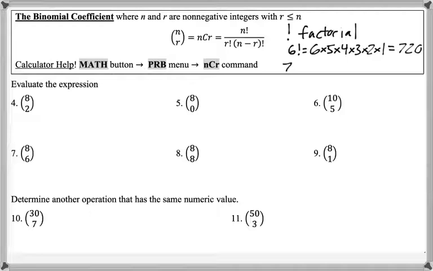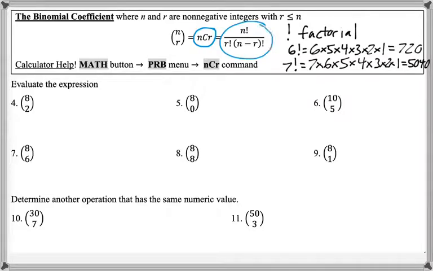If we have 7 factorial, that would be 7 times 6 times 5 times 4 times 3 times 2 times 1, and that would be 5040. I'll show both ways, the n choose r and the factorial formula.